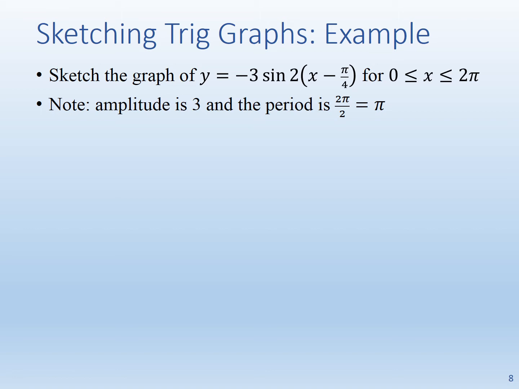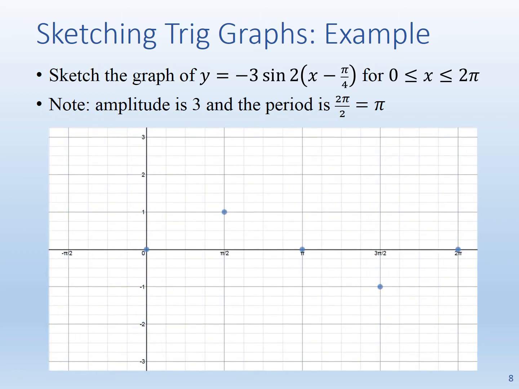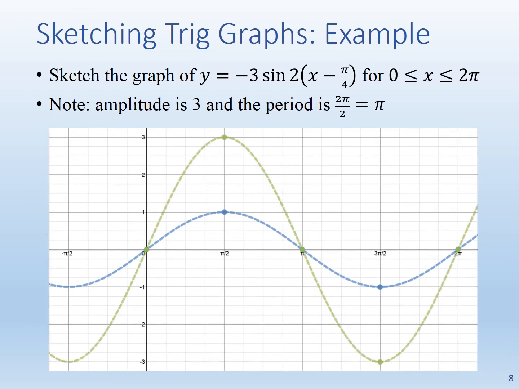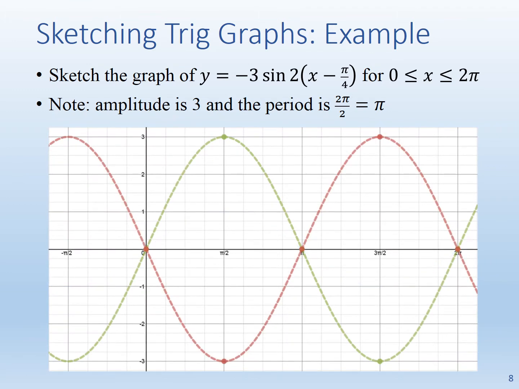Let's use the idea of transformation now to sketch this graph. We'll note firstly that the amplitude of this graph is 3 and the period is 2 pi divided by 2. So we'll sketch the graph of y equals sine x firstly. We'll stretch that by a factor of 3 in the y direction. And the minus 3 means that we flip that over the x-axis.